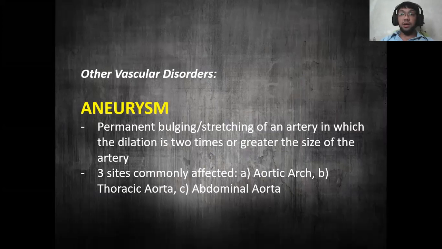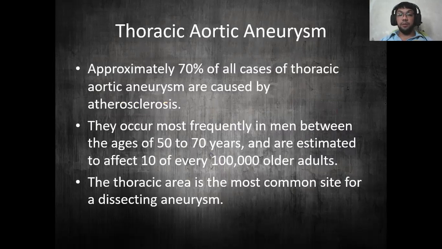This happens because of the high blood pressure that the artery has. And if the artery cannot take it anymore, it is going to weaken and create these bulges. 3 sites commonly affected are the aortic arch, the thoracic aorta, and the abdominal aorta.